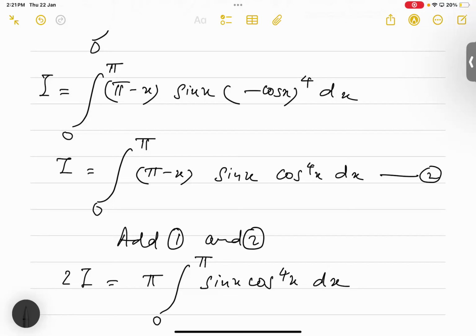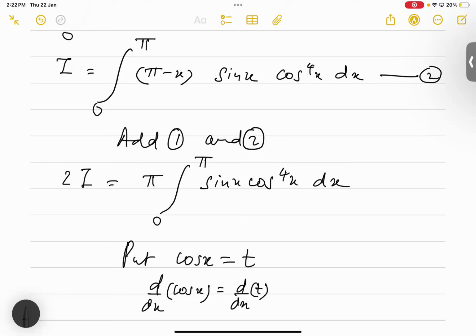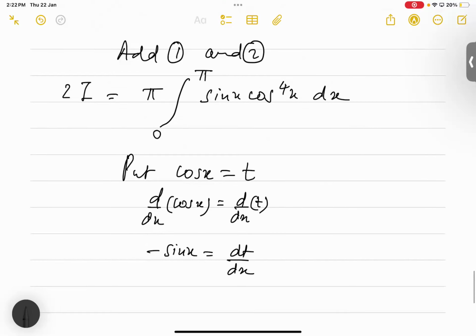How to solve after this? Anyone? Put cos x as t, because the derivative of cos x, which is sin x, is present. d by dx of cos x equals d by dx of t, so minus sin x equals dt by dx.